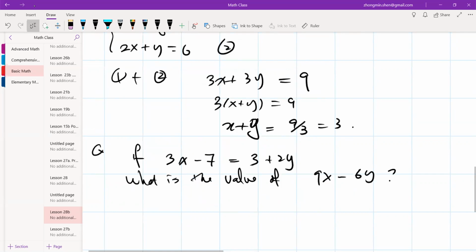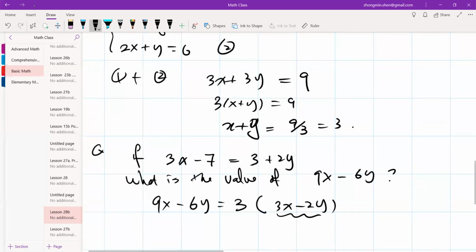What you can do is modify the first equation to get 9x minus 6y. Because if you take out the common factor from 9x minus 6y, it is going to be 3x minus 2y.